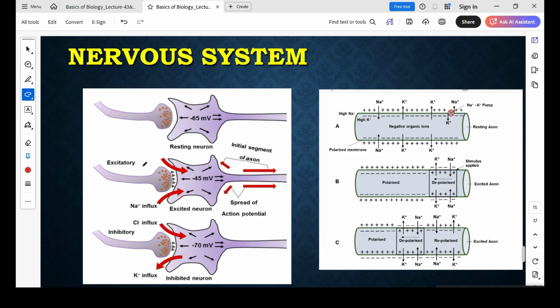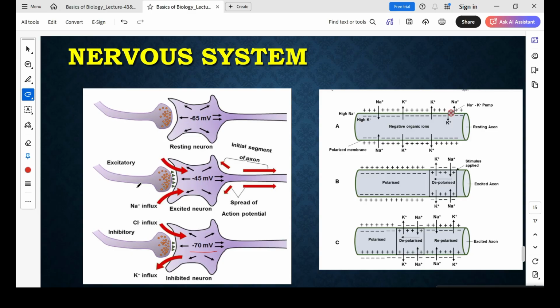If it's an excitatory signal, then the potential of the membrane of the axon, of the cell body, is going to increase. If it's inhibitory, then it's going to further decrease the potential to an even lower value.